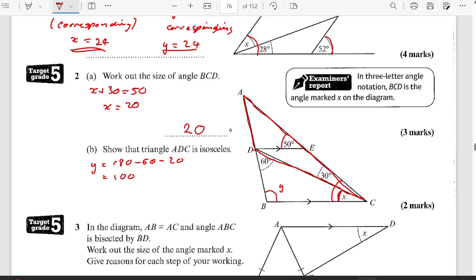And then from there we can kind of work it out. So if I call this angle here Z, I could call it BAC, that would probably be better. We'll say BAC is going to be equal to 180 minus 100 minus 50, which is going to be equal to 30.